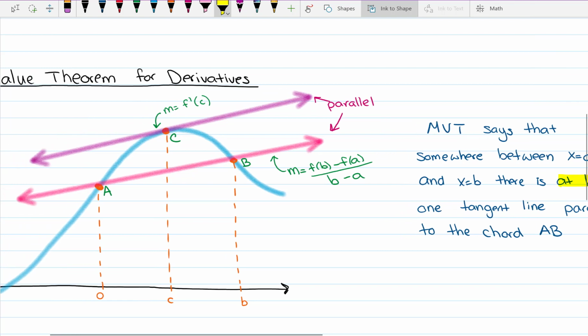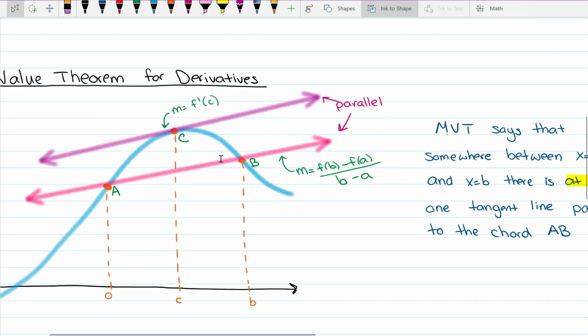All we're saying here is that simply, if you were to find the slope between these 2 points, because of the mean value theorem, you can find an x value, so a value in between A and B, such that the derivative at a point is the same. So the slope of this tangent line is the same as the slope of this.